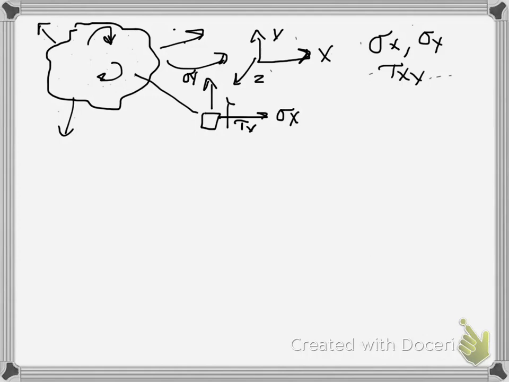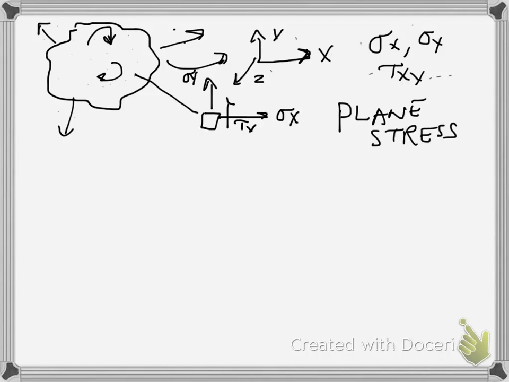If we've got any combination of three values like that, then we can find out for any angular rotation from the X, Y, or Z axis, we can find the stress components as long as we have plane stress. And so you have to have plane stress to use Mohr's circle.